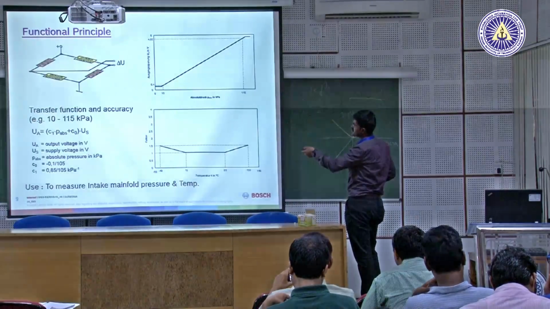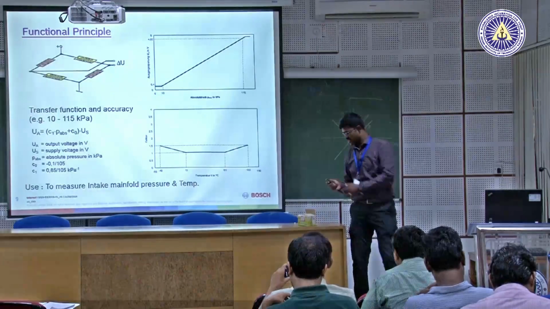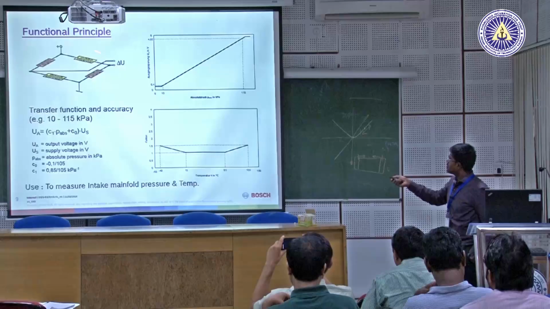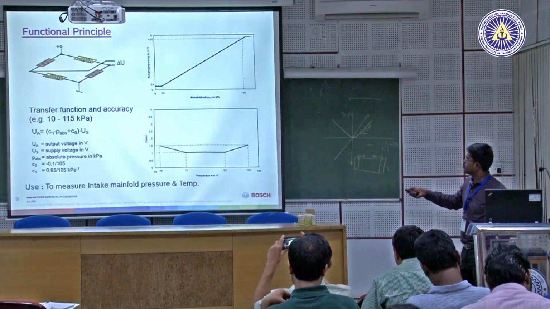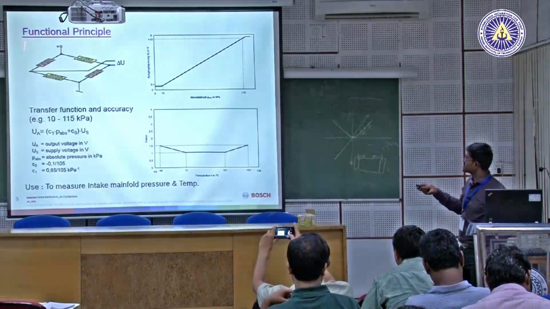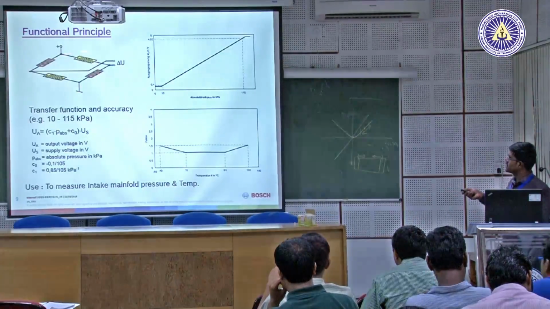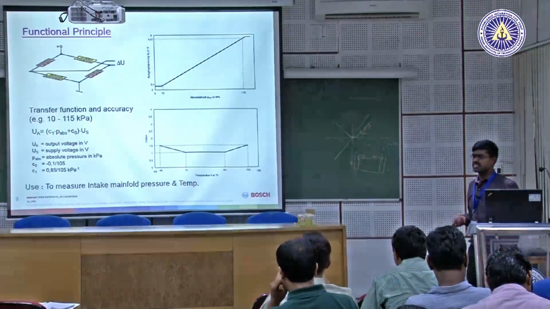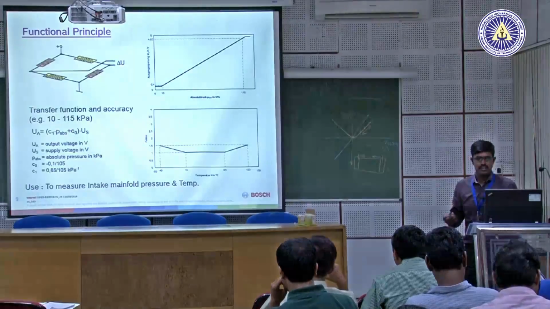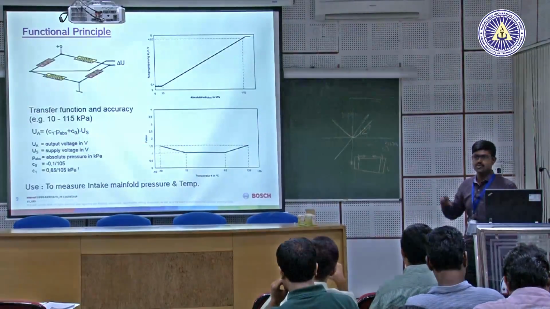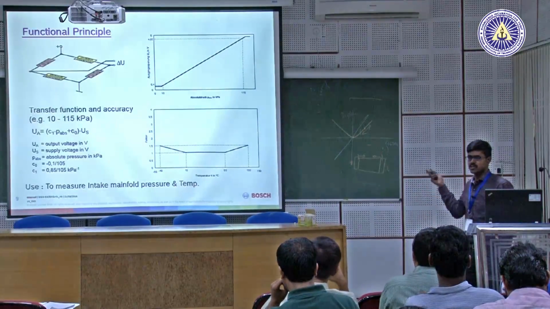This is the Wheatstone bridge we would have studied, but here is how it is applied in the automotive sector. A pressure sensor basically detects the pressure in terms of some voltage. It gives it in terms of voltage to the ECU.